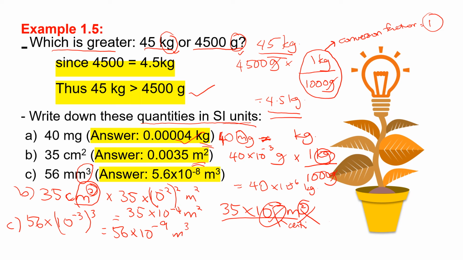Dia tak boleh awak guna negatif 3 sahaja. Awak kena darabkan dia dengan power of 3 sebab dekat sini adalah meter cube. Kalau kat sini meter sahaja, contoh 56 milimeter, baru betul 56 darab 10 kuasa negatif 3 meter. Ini baru betul.